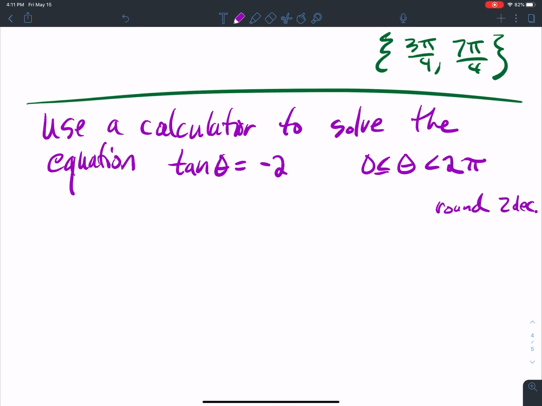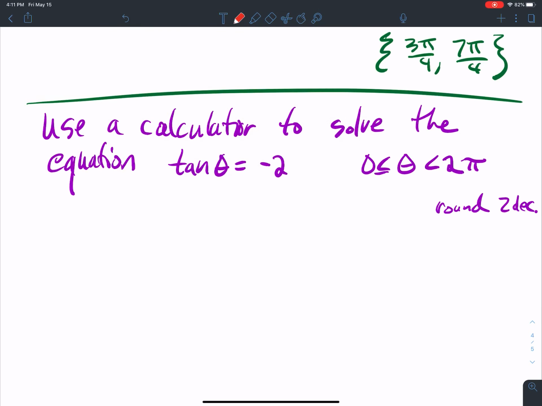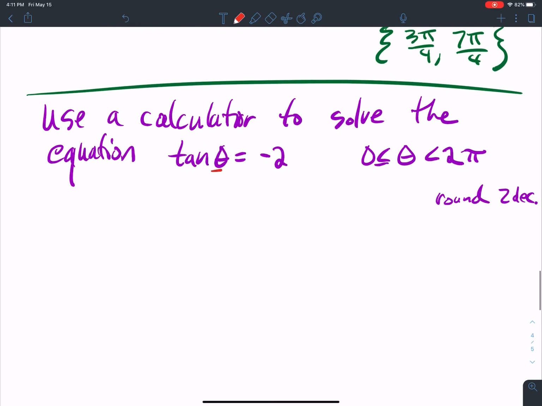All right. So to solve tangent theta equal to -2 on a calculator, the first thing I want to do is try to get theta by itself, right? So how do I get theta by itself? I'm going to arctangent both sides.